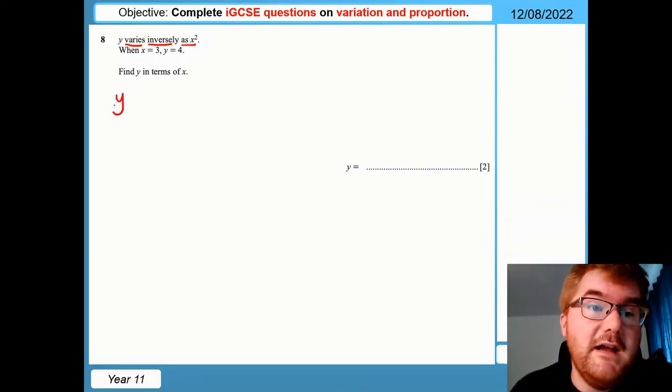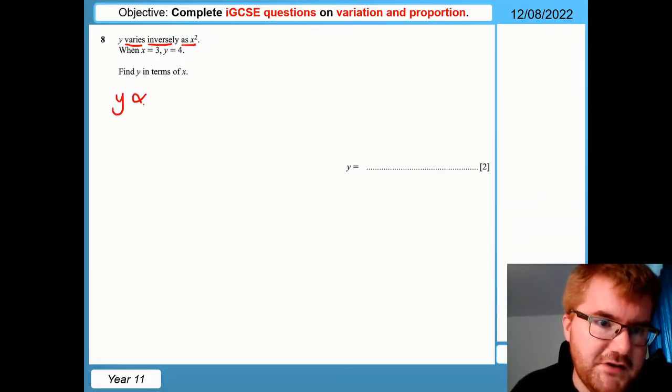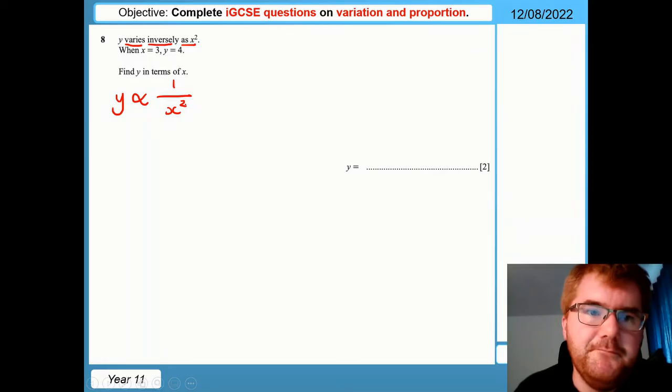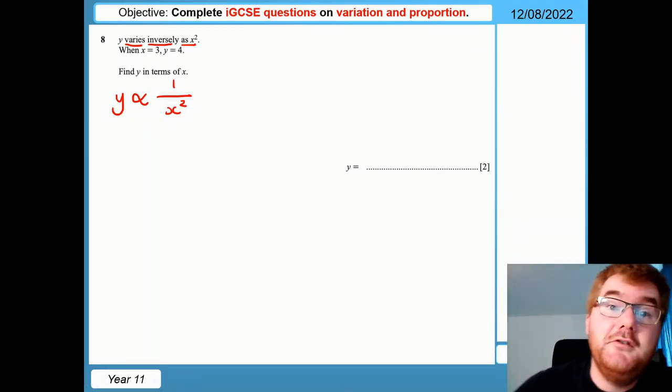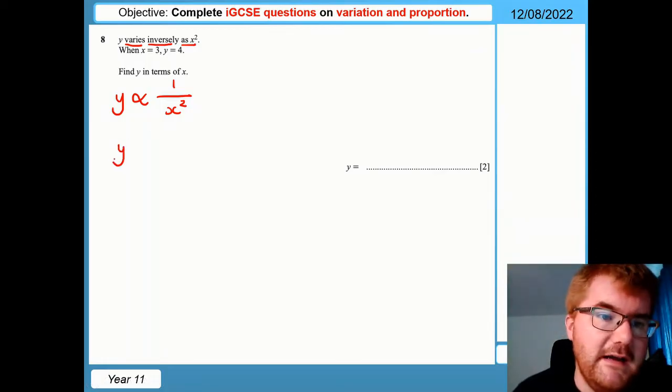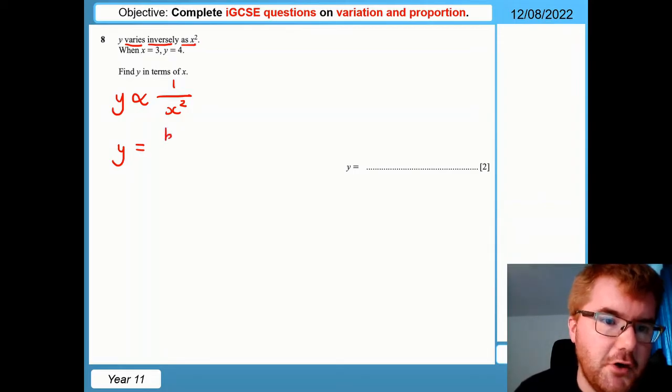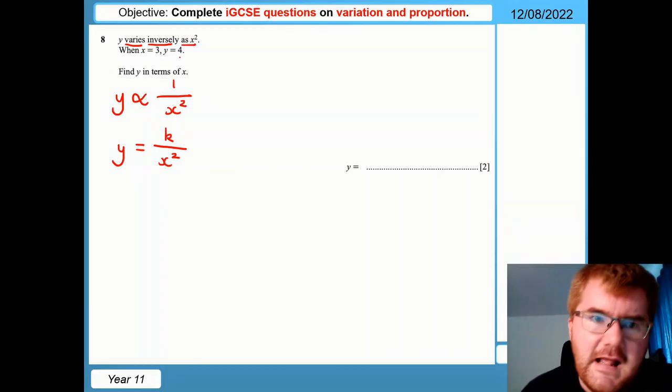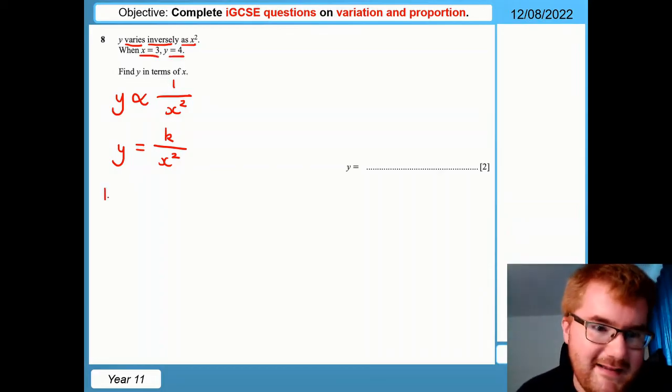So y, it varies, so fish symbol, inversely, so fraction with a 1 on top, x squared, so we just put x squared, and now we translate that into an equation, so y is equal to some constant k over x squared. And now we use this information to work out the k. You're probably getting the hang of this by this point, it's always very, very similar each and every time.